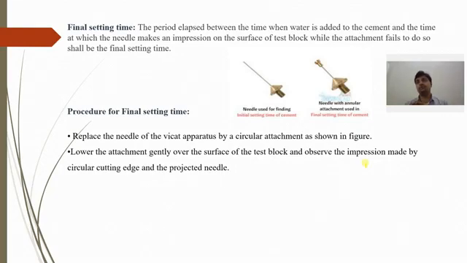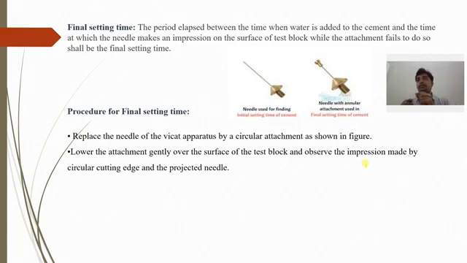You have to calculate the time from when you added the water mass to when you release the circular needle and it fails to make a mark or impression on the mold. This time is known as the final setting time.